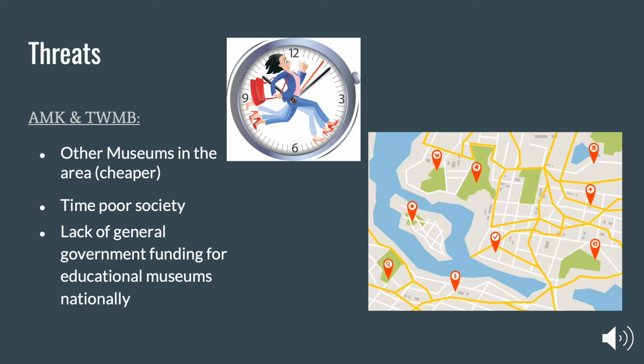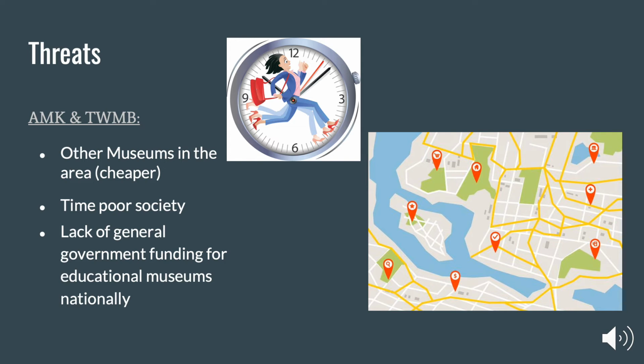It sometimes seems that museums aren't the exact location for the government to be spending money, but I think that funding is critical and important for museums in order to grow, in order to restore or keep historical things that have happened in our past and that are going to happen in the future, and use those for educational purposes moving forward for our kids, our grandkids, and our great-grandkids. So I think those are really important things. However, they all seem to be threats that AMK and TWMB are going to be facing in terms of potential and future growth.